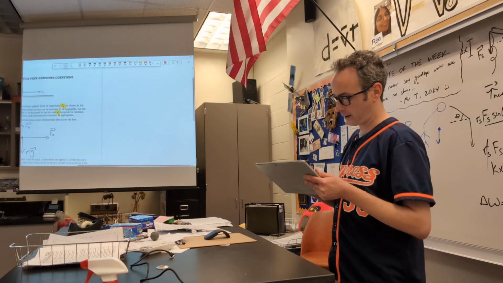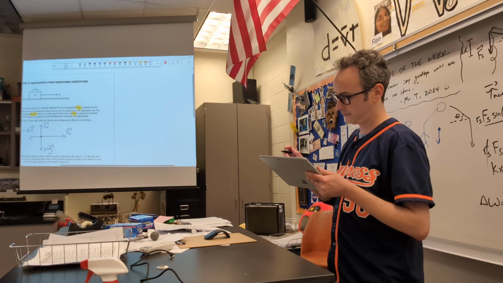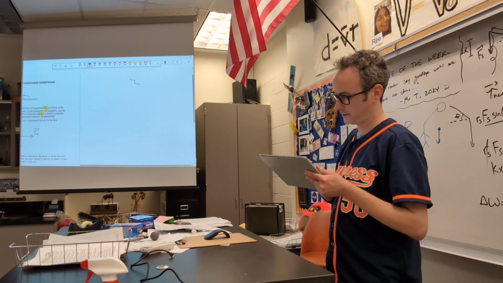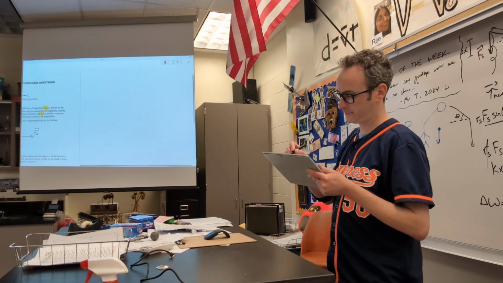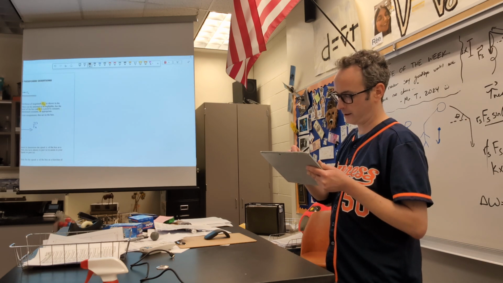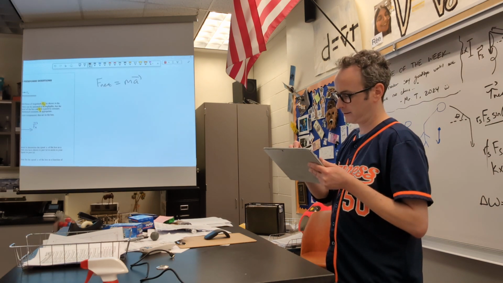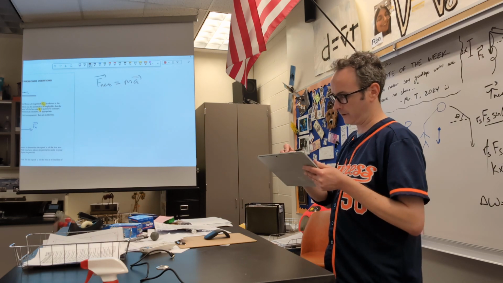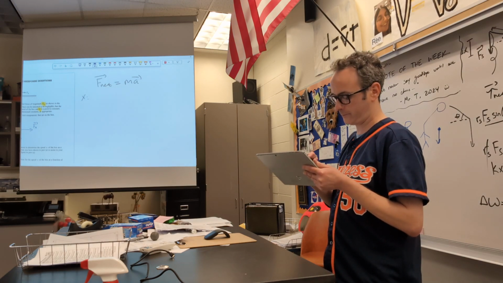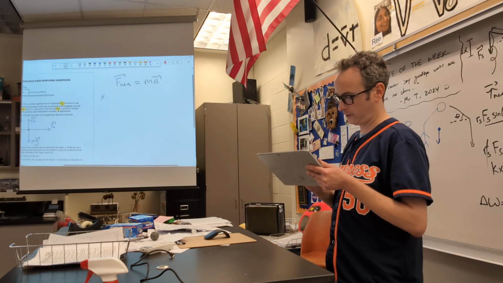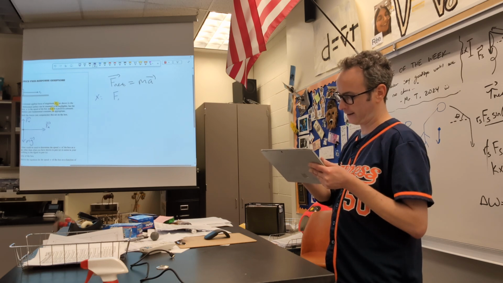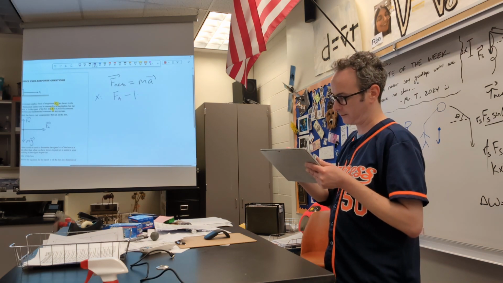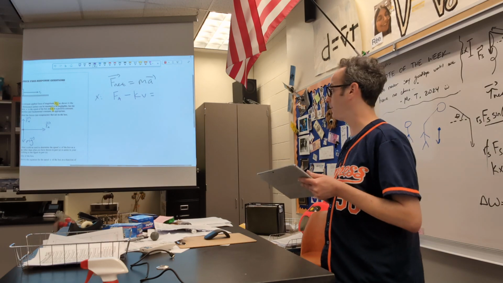So I'm going to use Newton's second law. Here we go. F net equals ma. And only in the x direction is it going to matter. In the x direction, I've got the applied force pointing in the positive direction and kv pointing in the negative direction.